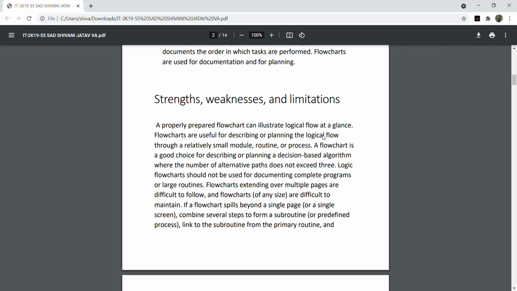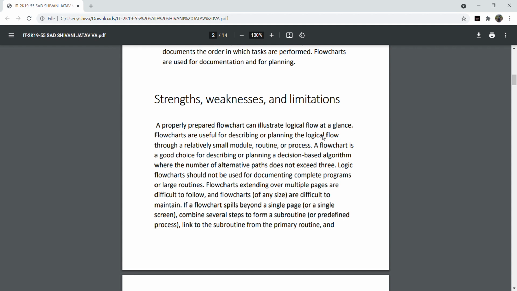A flowchart is a good choice for describing or planning a decision based algorithm where the number of alternative paths does not exceed 3. Logic flowcharts should not be used for documenting complete programs or large routines. Flowcharts extending over multiple pages are difficult to follow, and flowcharts of any size are difficult to maintain.